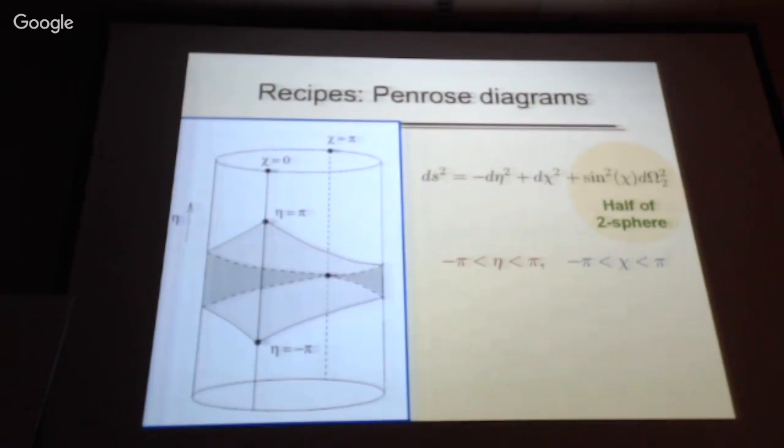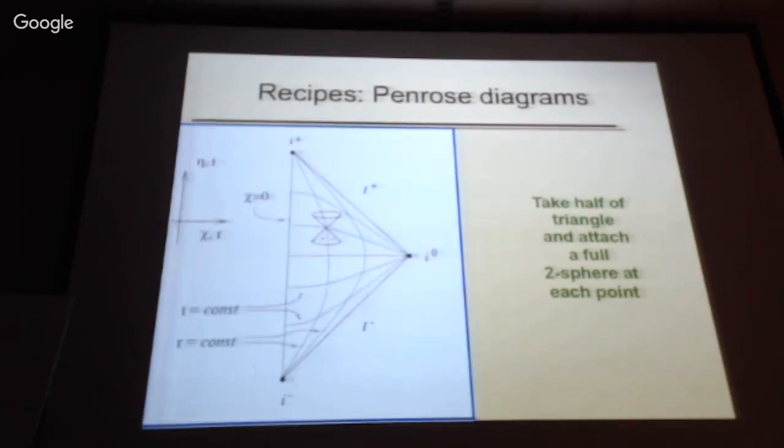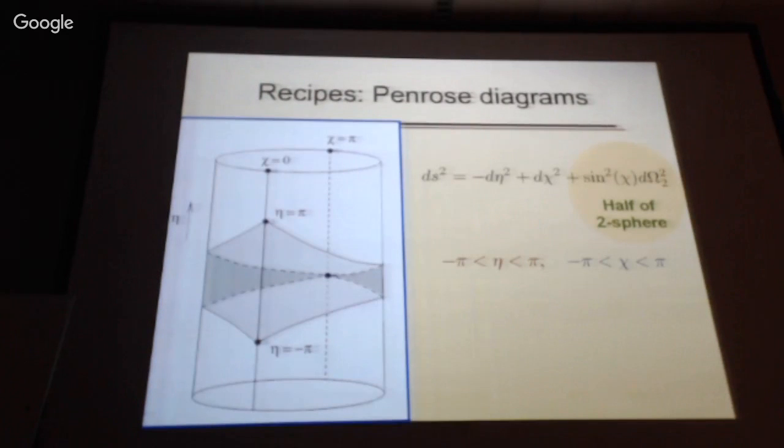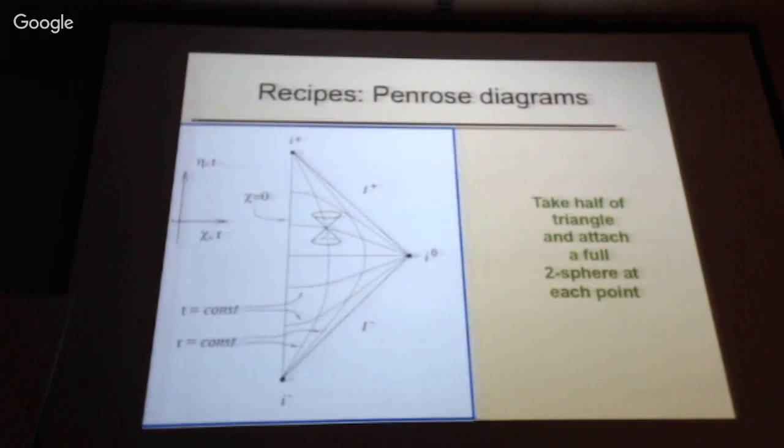I'm forgetting about the angles, so each point on this slice or surface of the cylinder has half of a 2-sphere. Now I can just take half of that surface, and then attach a full 2-sphere to each point. And this is what is called the Penrose diagram of flat space.